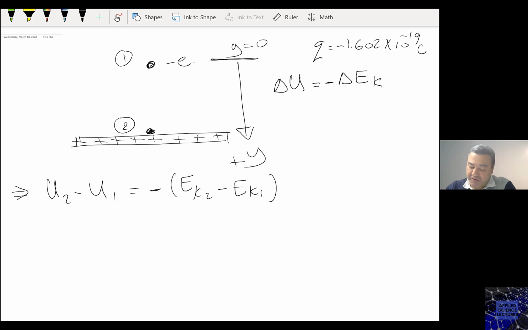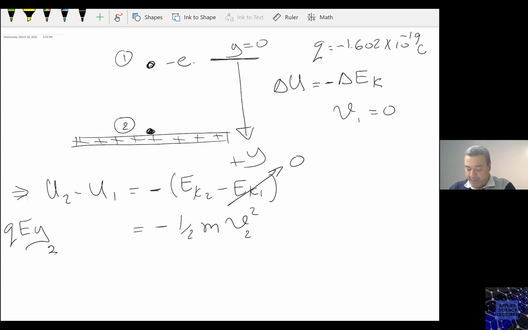If this electron is starting from rest, I have V1 equals 0, which means the kinetic energy EK1 is 0. I want EK2, so I know that this is minus half m V2 squared. U2 becomes QE Y2.